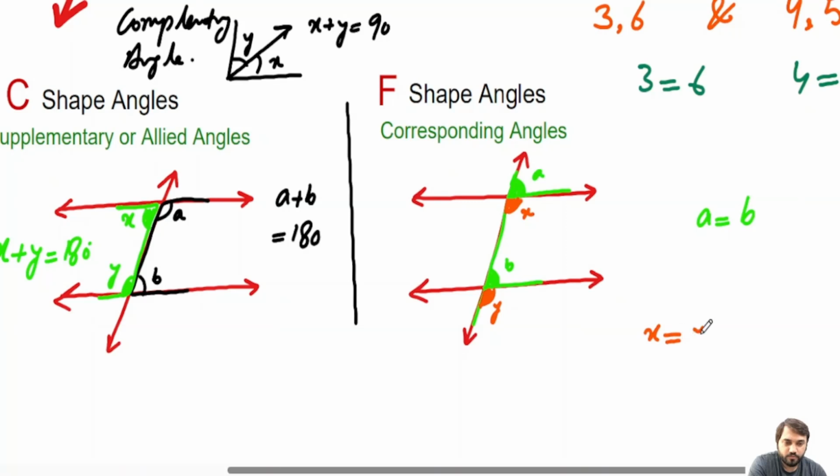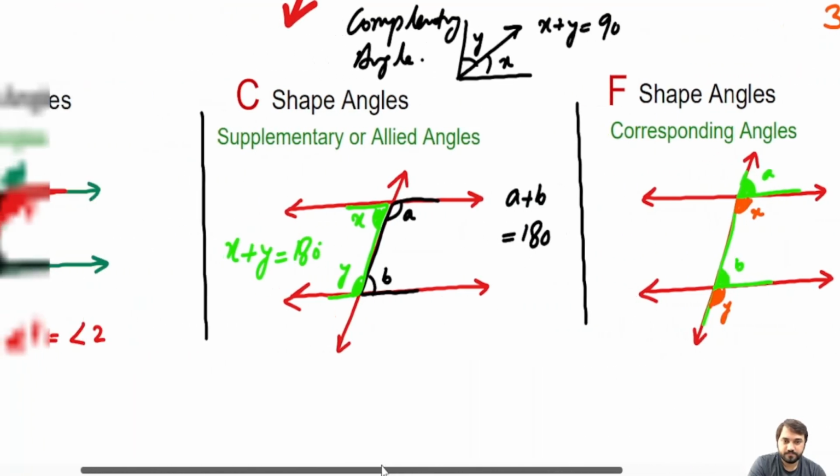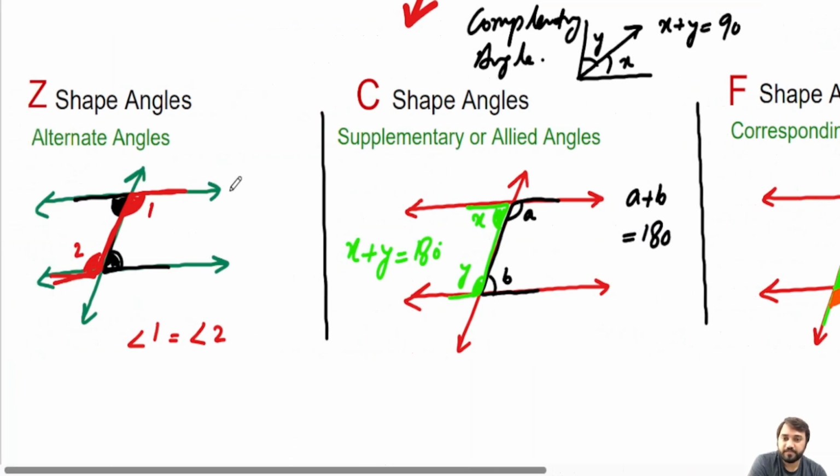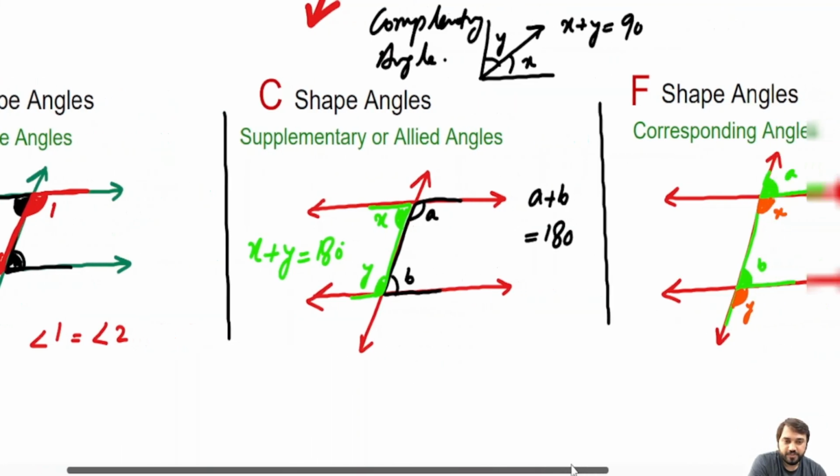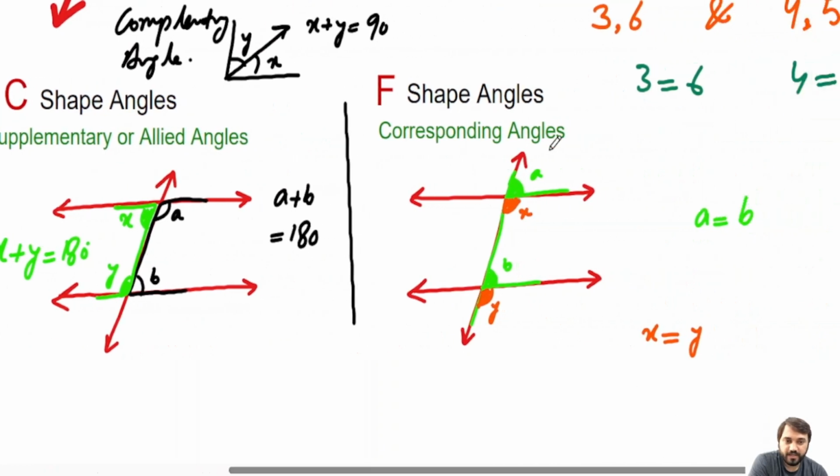X is equal to Y. So we are done with these Z-shape angles, C-shape angles and F-shape angles. One more time, Z-shape angles are also known as alternate angles, C-shape angles are also known as supplementary or allied angles. Like this, we have C-shape and here we have Z-shape. And of course, in F-shape angles, they are corresponding angles. They are equal, A equal to B and X is equal to Y.